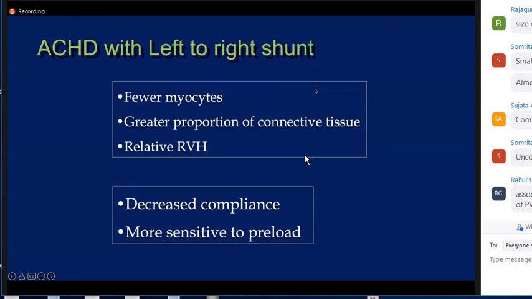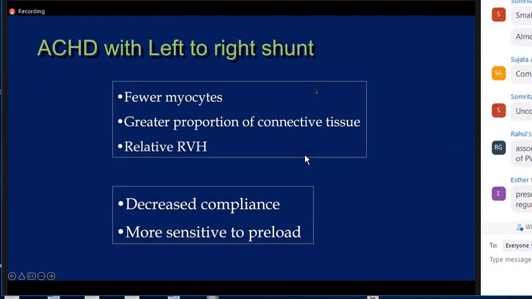So number one, posterior ASD. I suggest all of you read a book called Kirklin. Read the chapter on atrial septal defect and find out the reasons and mechanisms for heart failure. He nicely mentions the posterior atrial septal defect.